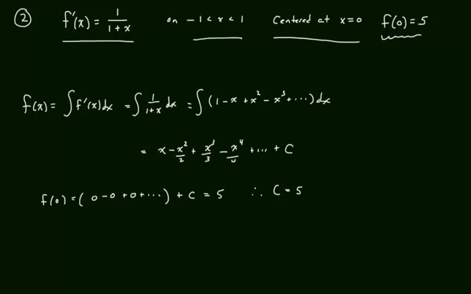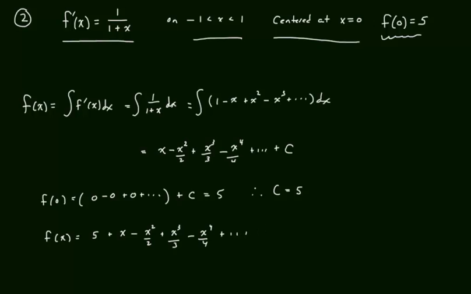And then my power series becomes f of x equals, I'm going to put my plus c up front, so 5 plus x minus x squared over 2 plus x to the third over 3 minus x to the fourth over 4 plus dot dot dot.